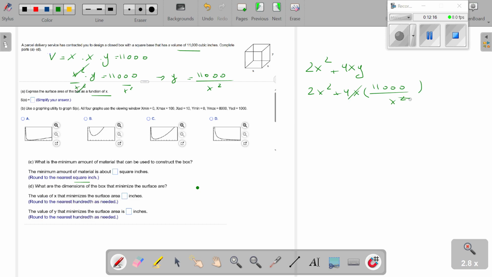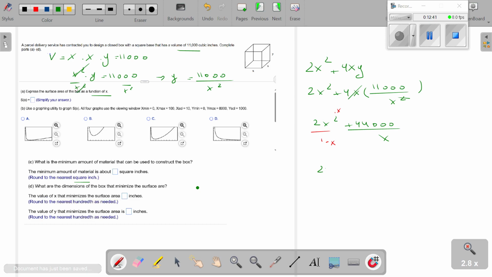Simplify. The x on top and one of the x's in the bottom cancel. I will have 2x squared plus 44,000 divided by x. Now combine these two. The denominator is 1, but I need to find a common denominator, which is x. So multiply this one by x, top and the bottom by x.